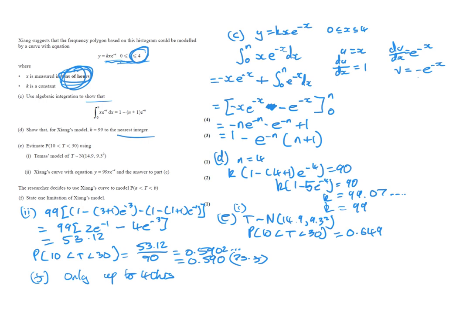For part F we didn't see the limitation, but what's going to help you to see the limitation, I said read the start of the story. So even if you'd forgotten the story and you're asked to see where the model might be flawed, my top tip is go back to the original bit, the medical researcher, because then that puts you back in the context of the problem and may help you to do that.